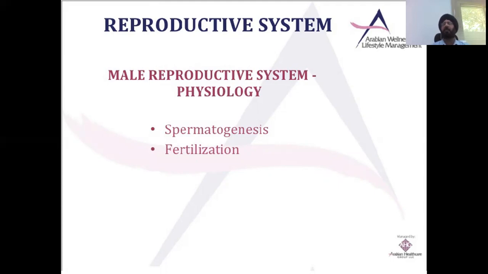LH triggers the production of testosterone by the testes, whereas FSH triggers the maturation of the sperm cells, the spermatozoa. After production from the testes, spermatozoa enter the epididymis and get matured before being stored in the seminal vesicle.